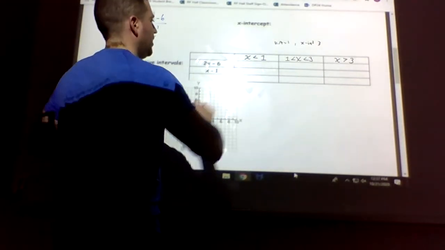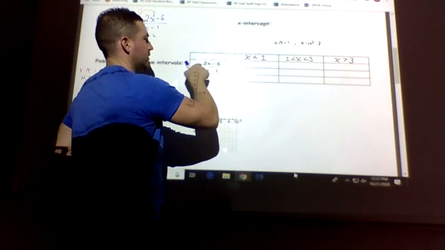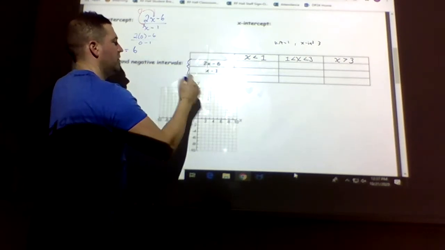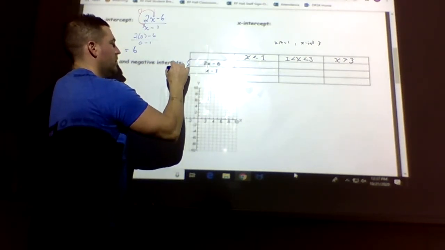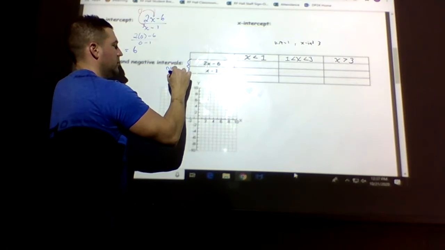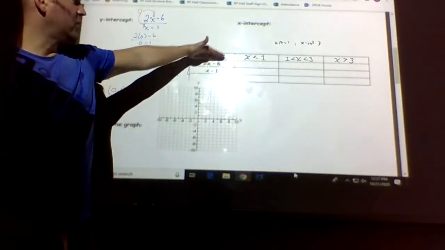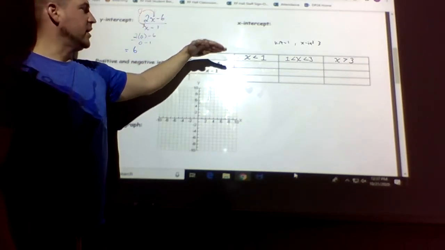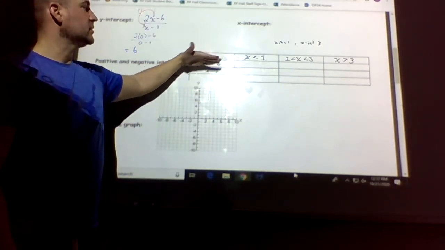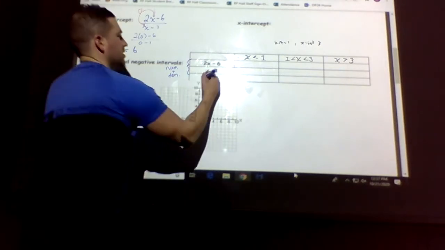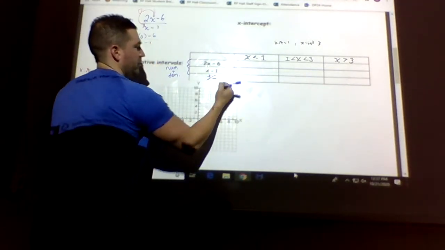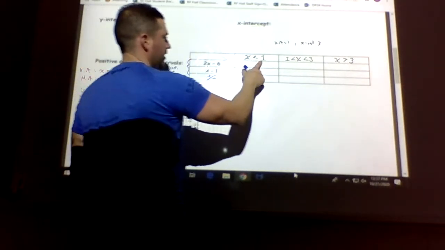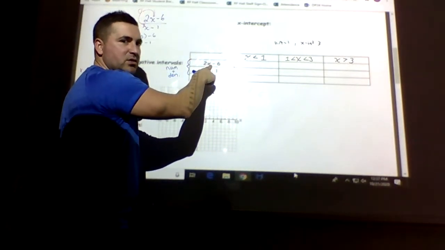So if you were to plug a value less than 1 into here, by the way, what goes in this first column are your numerator and denominator. I put my numerator here, my denominator here. If there are multiple brackets, then you split them up. And then here is going to be our plus or minus. So if I plug in a value less than 1, a value less than 1 is 0.